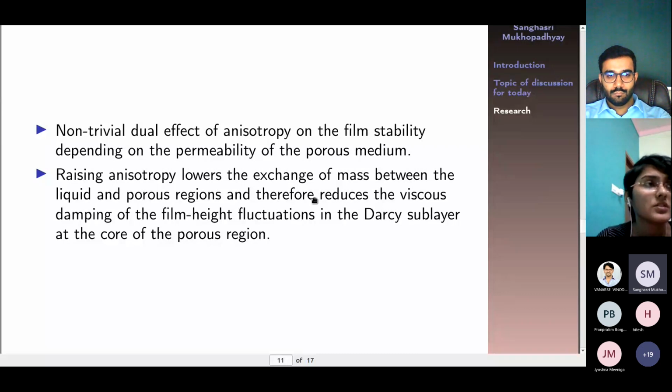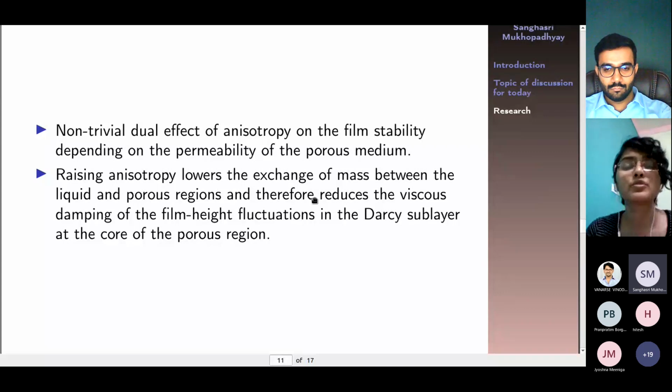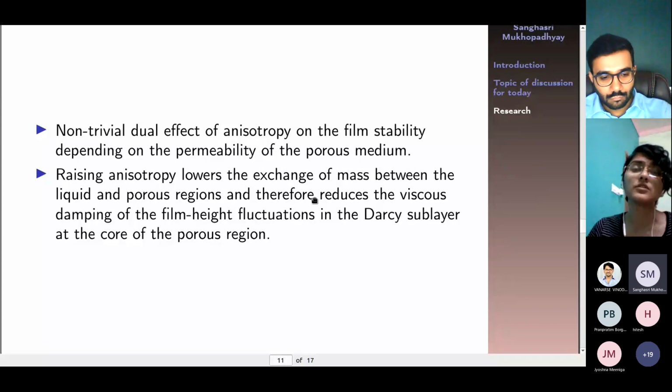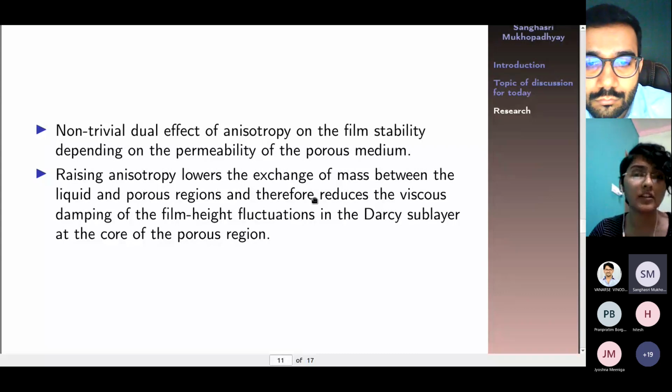Because for this, if the mean permeability value is small, the matrix itself resembles a less permeable medium, somehow like a rigid medium itself. So if you raise the anisotropic value, there is not much exchange of mass between the fluid and the porous layer.